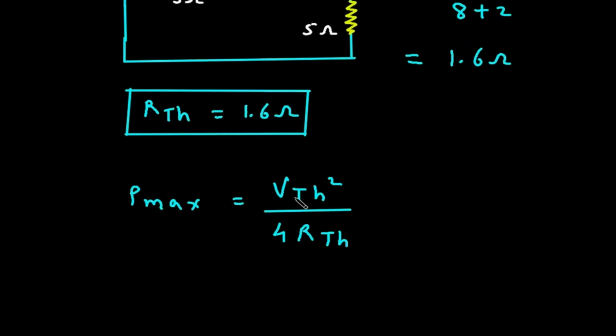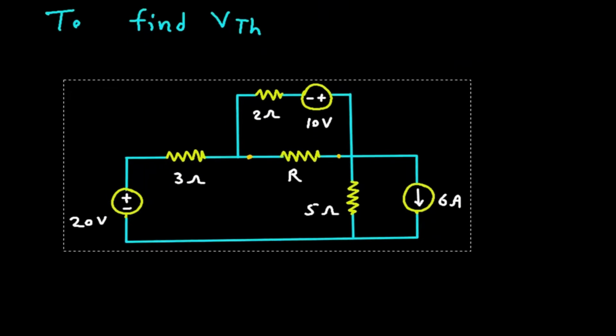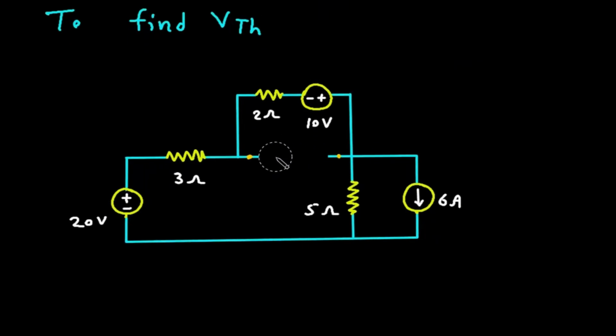Now we have to find next VTH. To get the Pmax, we have the value of RTH. To find VTH, this will be VTH.